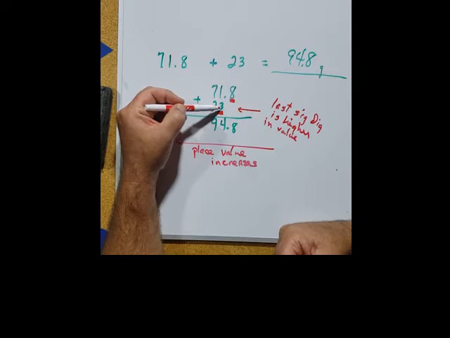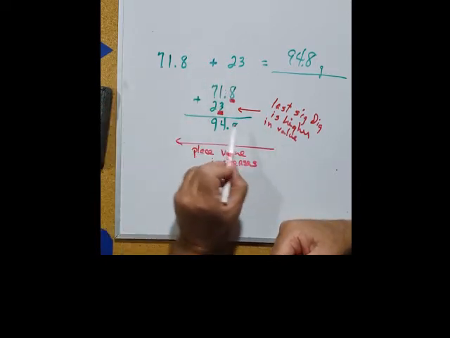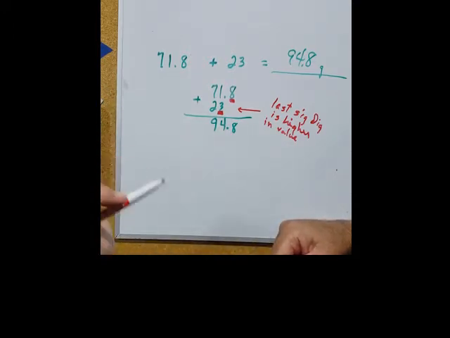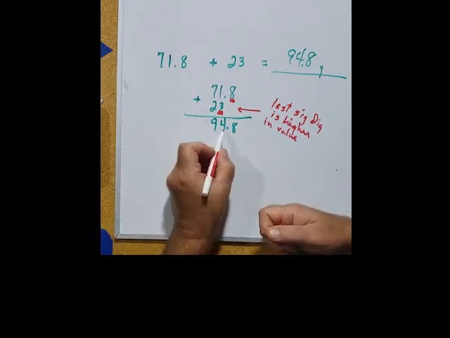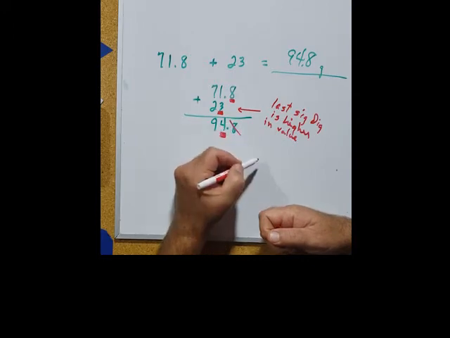A 1 is bigger than a tenth. Think about it. So we want to mirror this last sig dig place value in the answer. Our last sig dig in our answer we need to have sitting here in the ones place, which means we have to get rid of the 8.